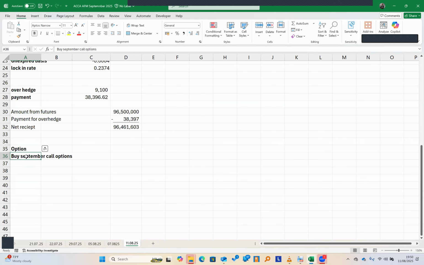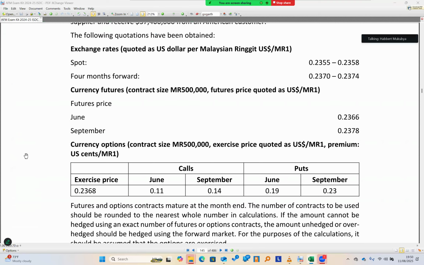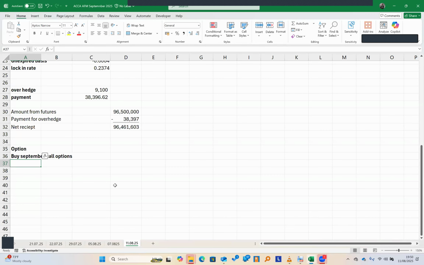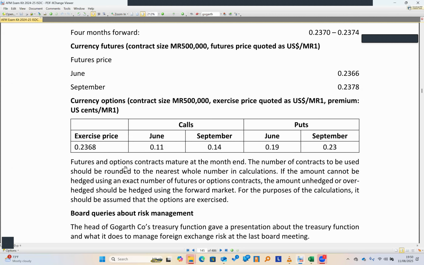Now, on a normal day, you need to check whether you exercise or not. But here they told us that we should assume that the options are going to be exercised. So if we buy September call options, we are buying them at 2368.